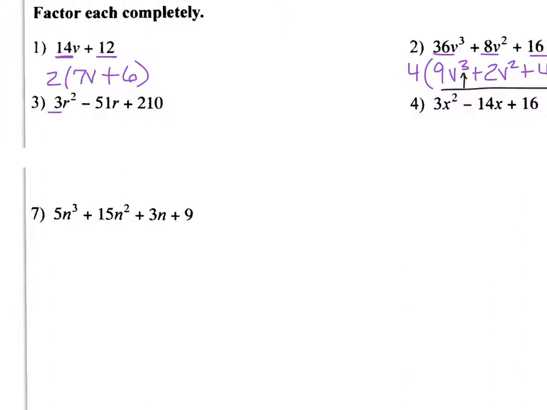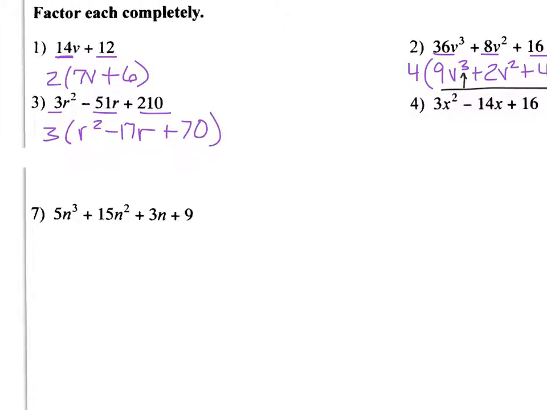So we look here, 3, 51, and 210. I can take out a 3. So if I take out a 3, that leaves r squared. 3 times 17 is 51, sorry. And 3 times 7 is 21, and 0. 3 times 70 is 210.